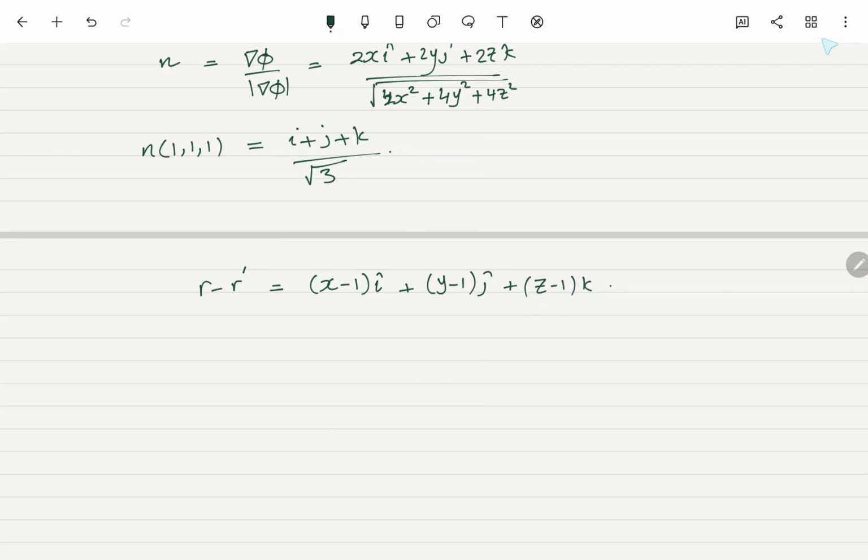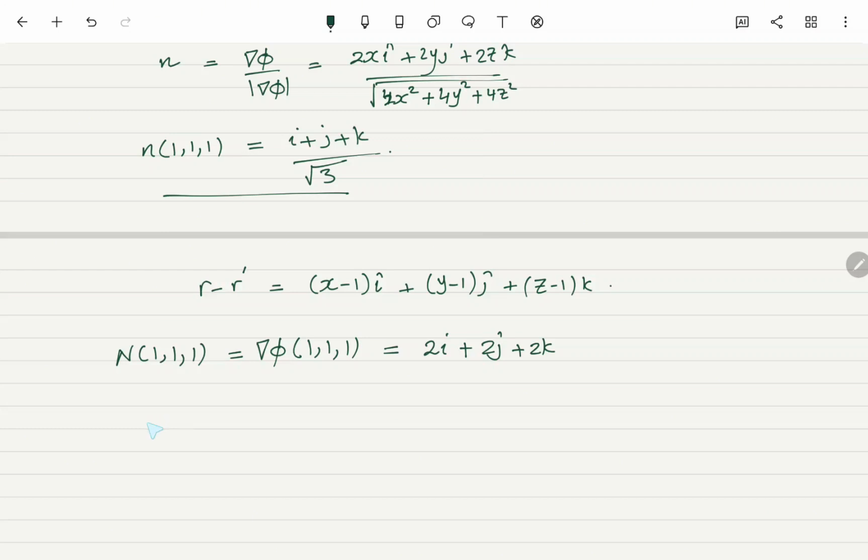Now n is the normal at point (1, 1, 1), which is given here. n at (1, 1, 1) equals gradient phi at (1, 1, 1), which is equal to 2i plus 2j plus 2k.